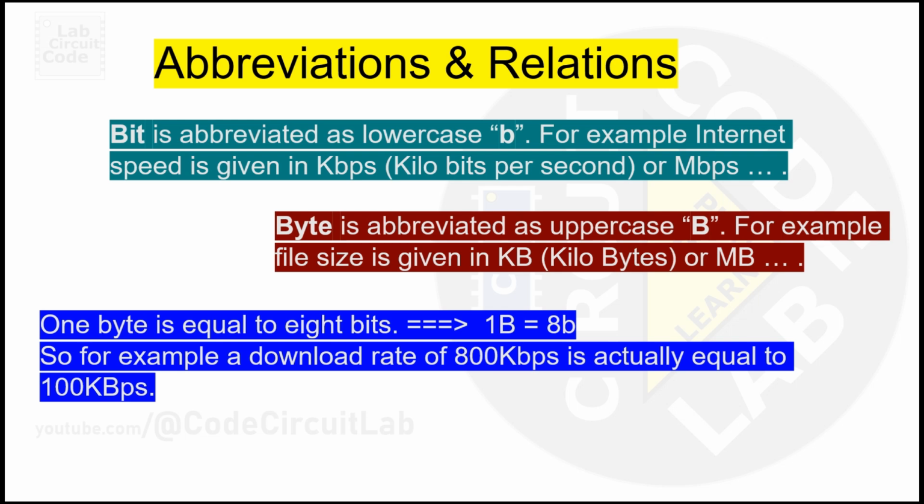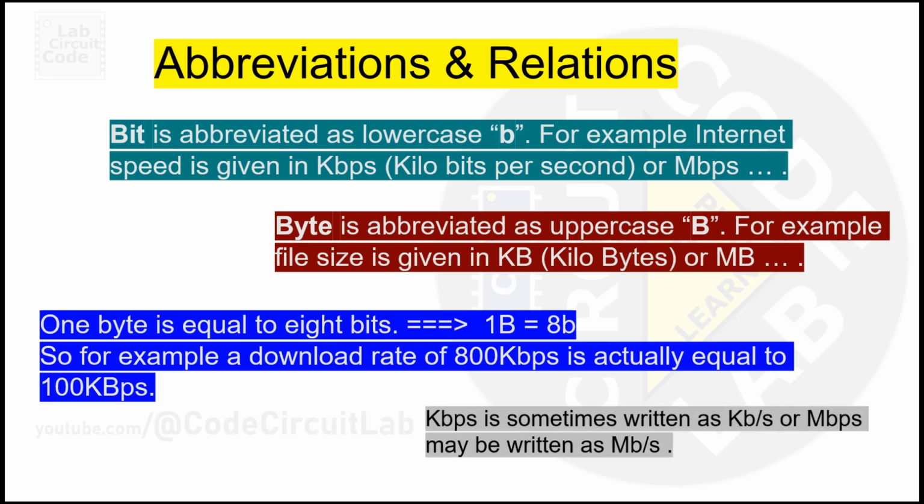So for example, a download rate of 800 kilobits per second is actually equal to 100 kilobytes per second. Kilobits per second is sometimes written as kb/s, or megabits per second may be written as mb/s.